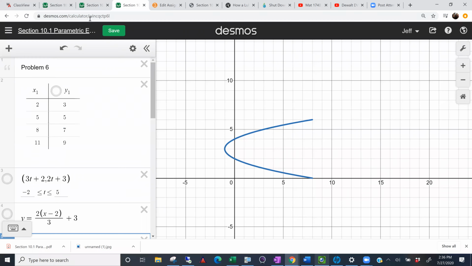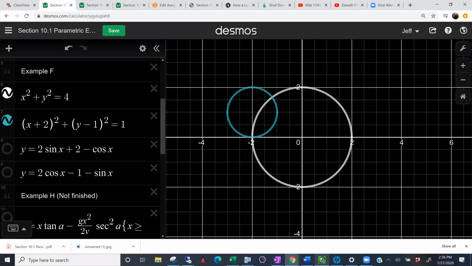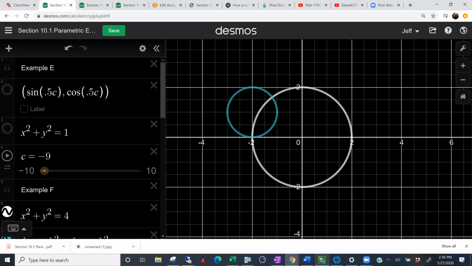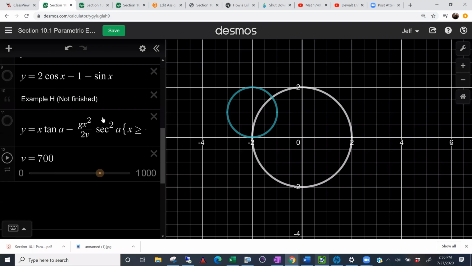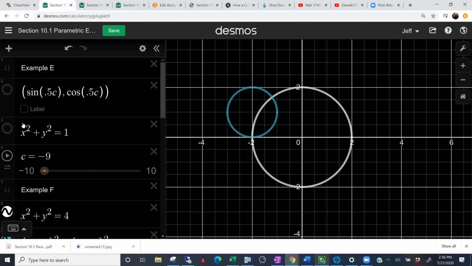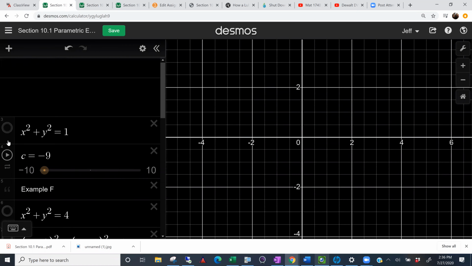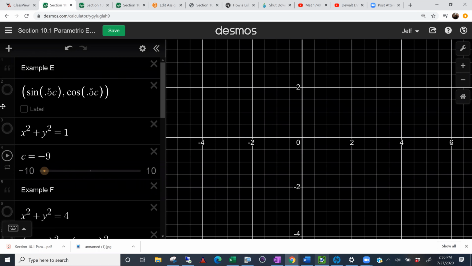No, where is it? Let's go. Oh, here we go. Yeah, so let me just shut off some other graphs here. That one and this one. And come on back up to this one. So here's our parametric equation.